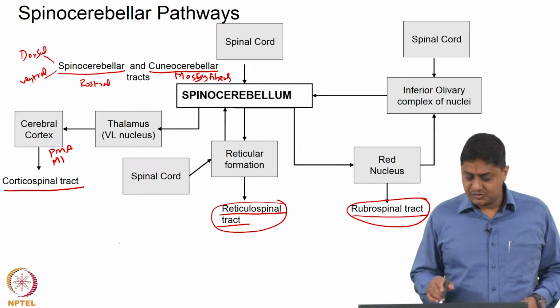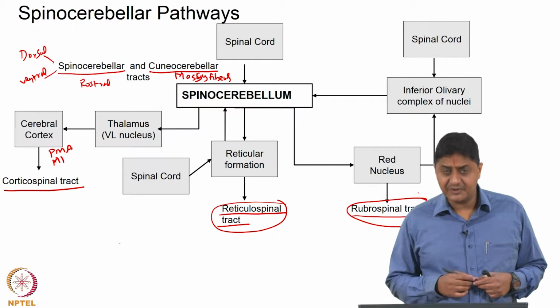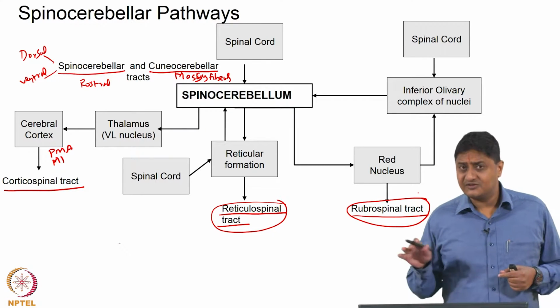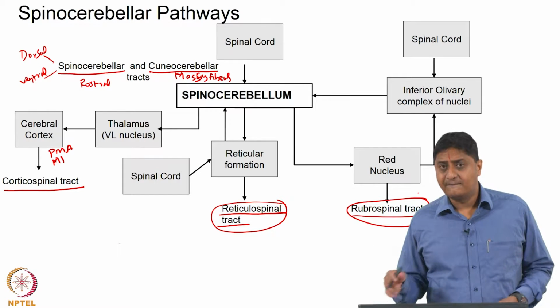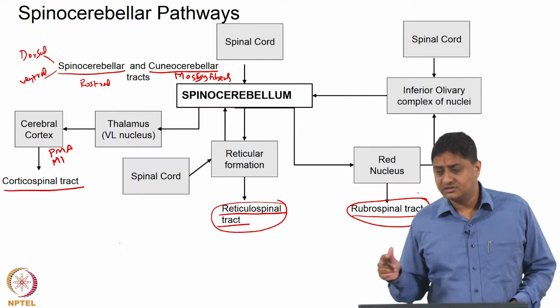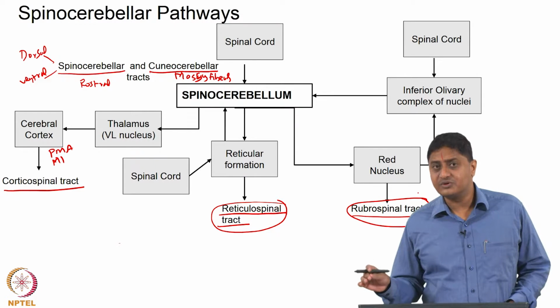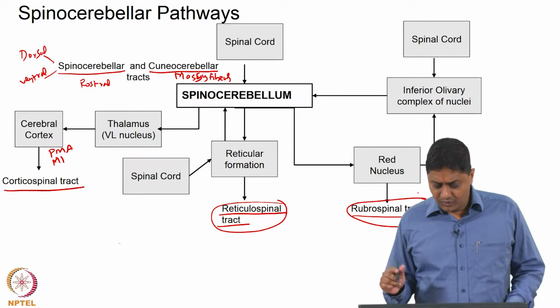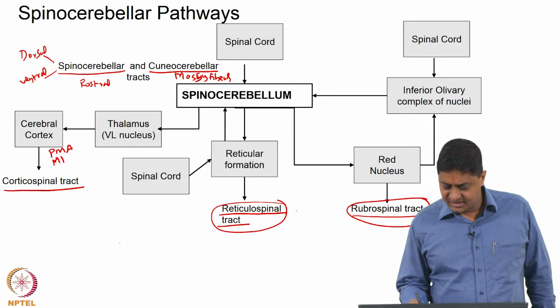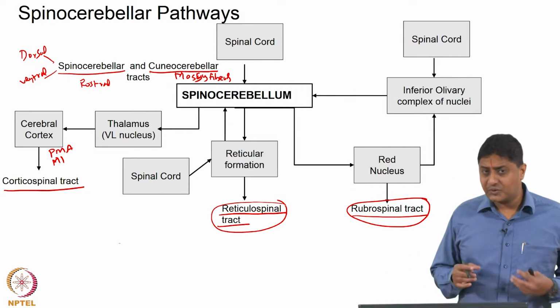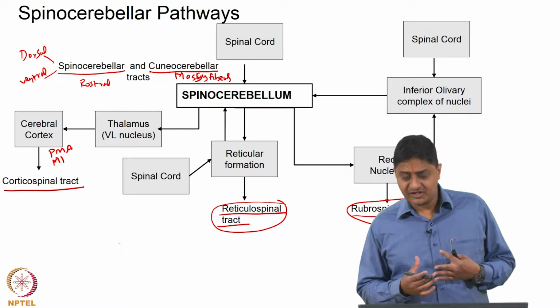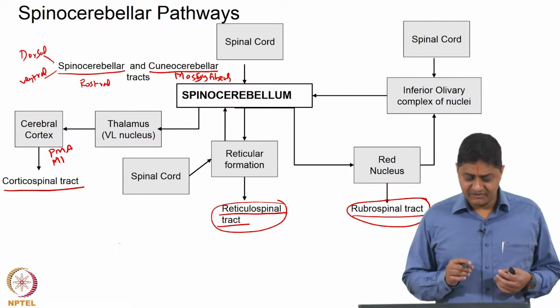Also, what is not shown, this is the case of the spinocerebellum. In the vestibular cerebellum there is also projection to the vestibular nucleus, and from there back to the spinal cord via the vestibulospinal system. Note, the outcomes of these are not expected to be fine. They are expected to be quick, relatively fast responses, but not necessarily fine.